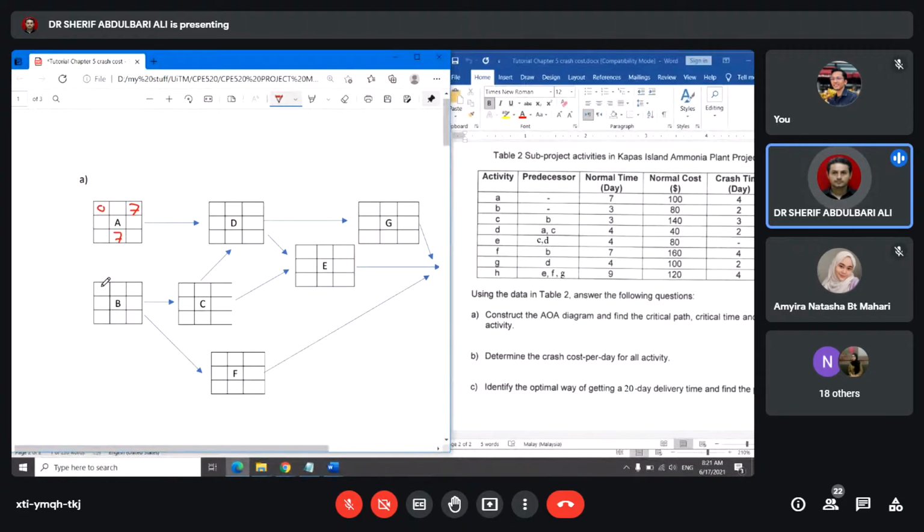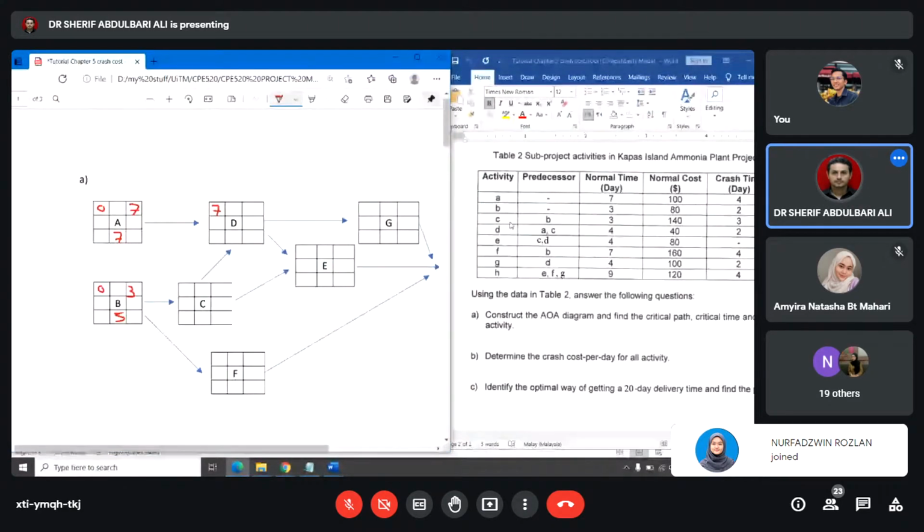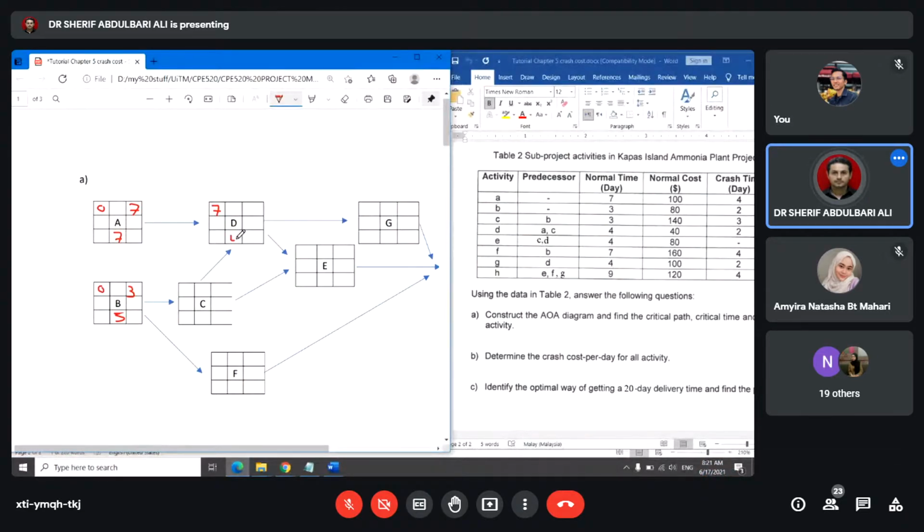Activity B also starting from 0, and it needs 3 days. So here is going to be 3. So when you go for activity D, starting from the 7, and it needs about 4 days to finish.